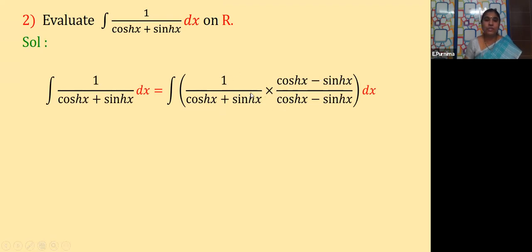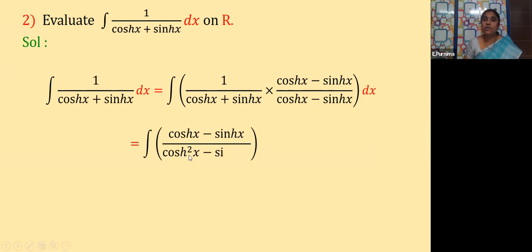So here also we do the sum similarly. Now let us multiply the numerators and the denominators. We get 1 into this, cosh x minus sinh x, by, this is a plus b into a minus b form.